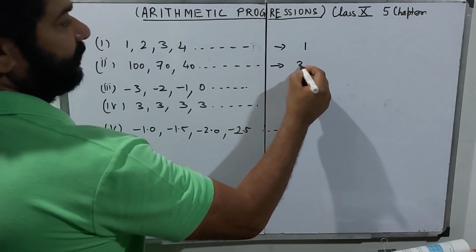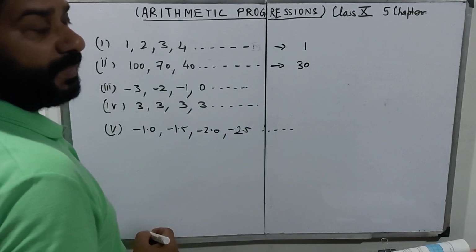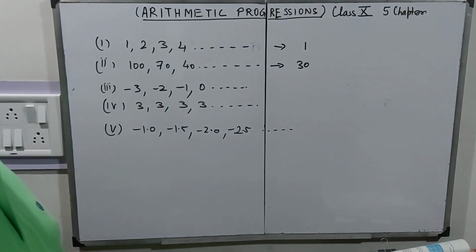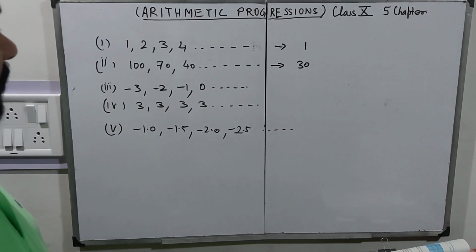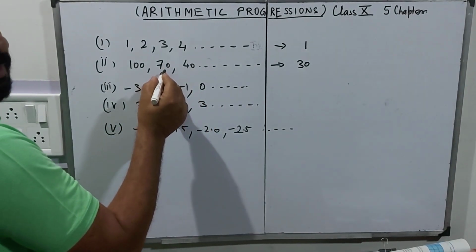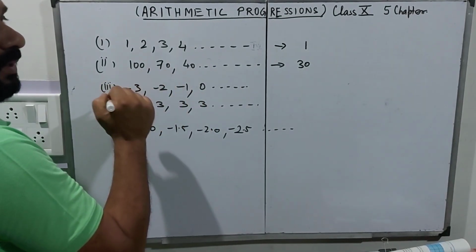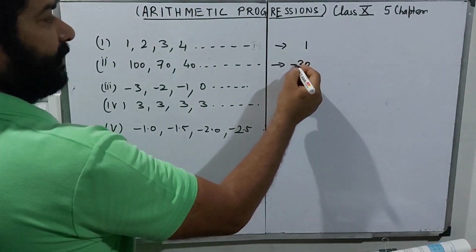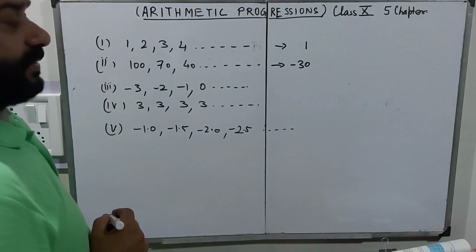Here 30 is the fixed number: you get the next successive number by adding, or you can say that minus 30 will be the fixed number.